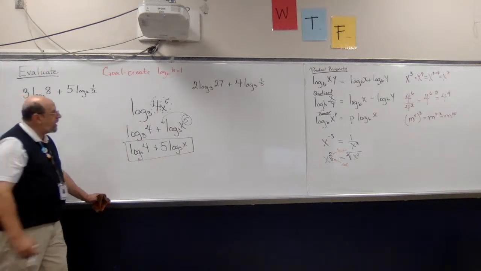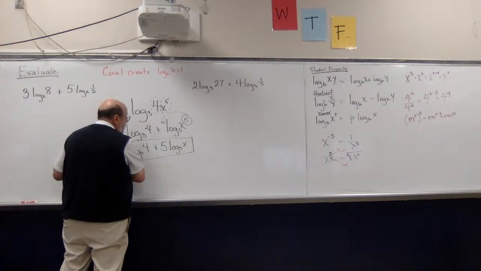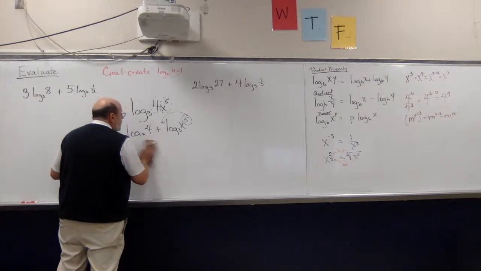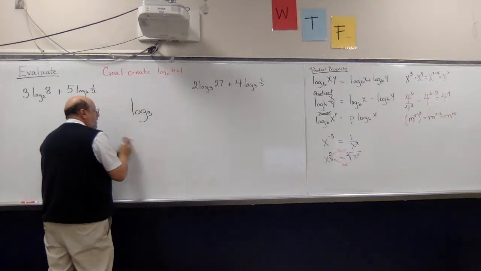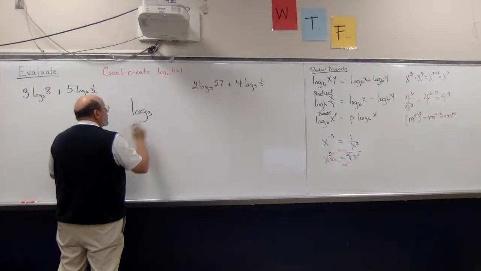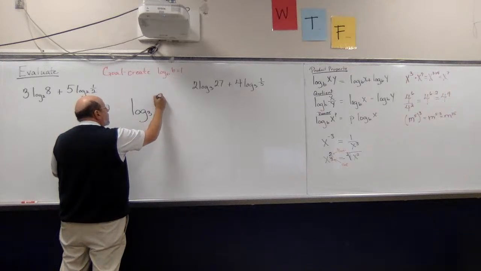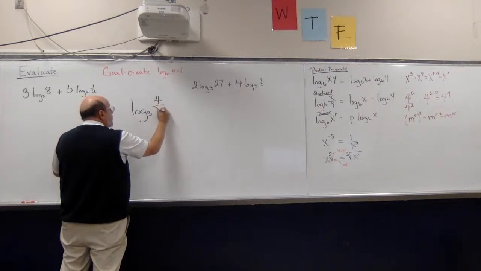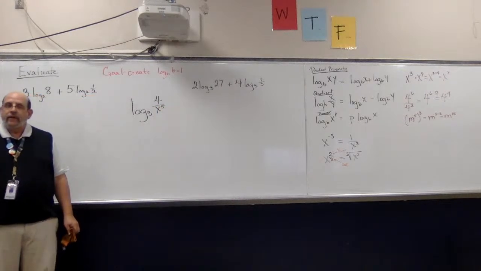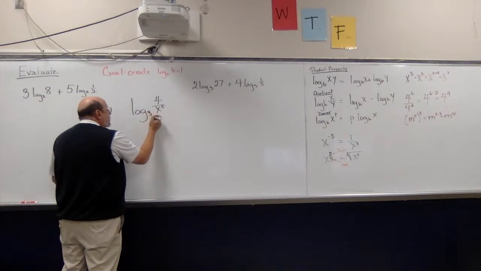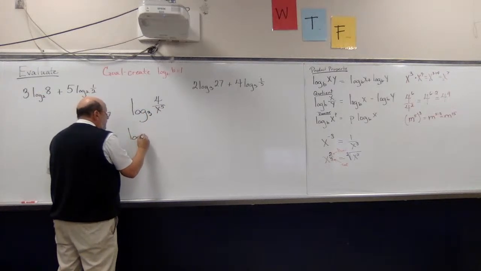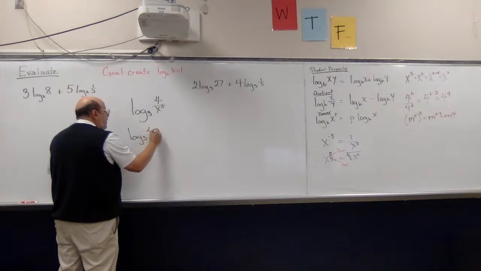All right? The same thing holds true with division. And what I'm going to do, just make a tiny little change here. And we'll use 4, and we'll use x to the 5th again. We'll say 4 divided by x to the 5th. Why not? So we're going to keep the same base. That's our little base there. Log base 3 of 4.